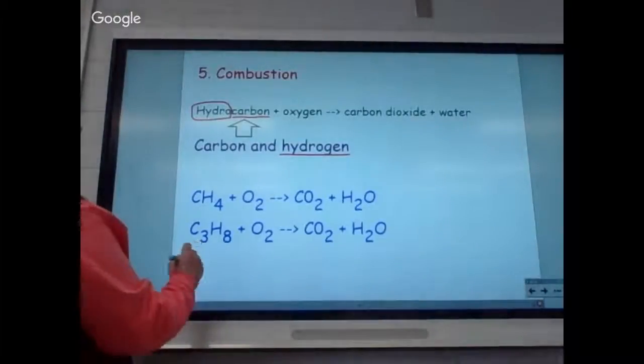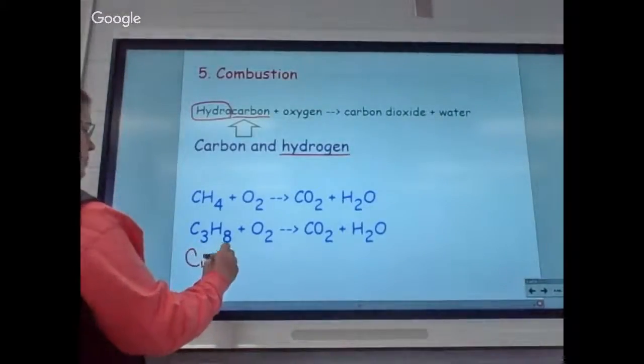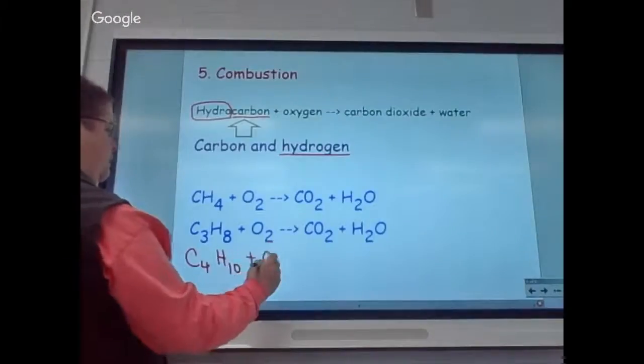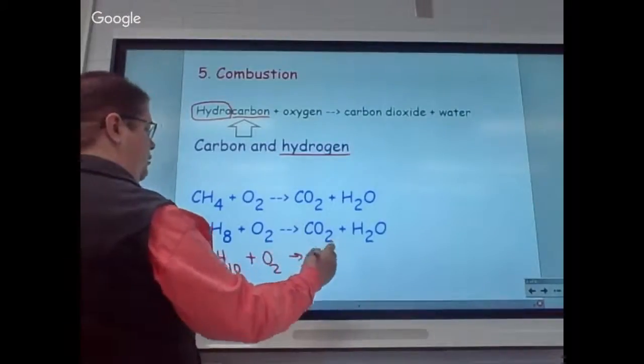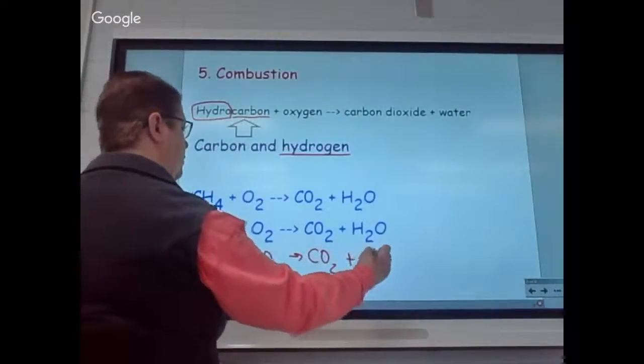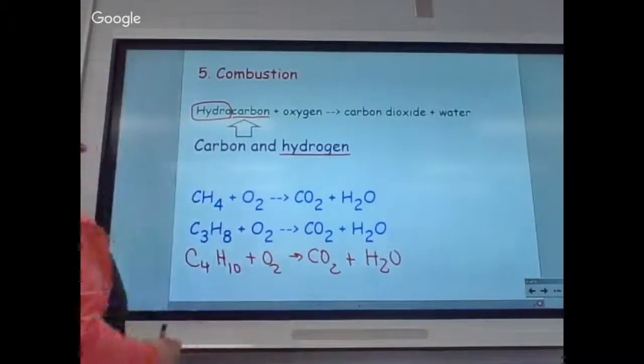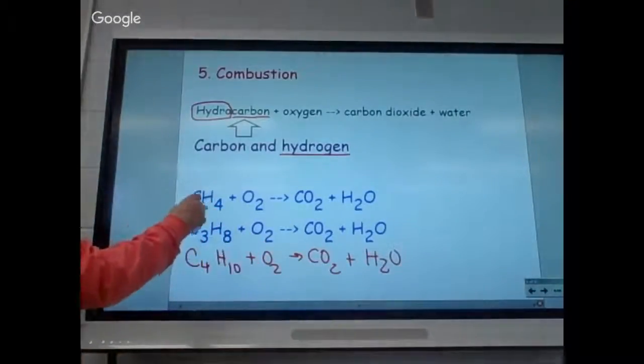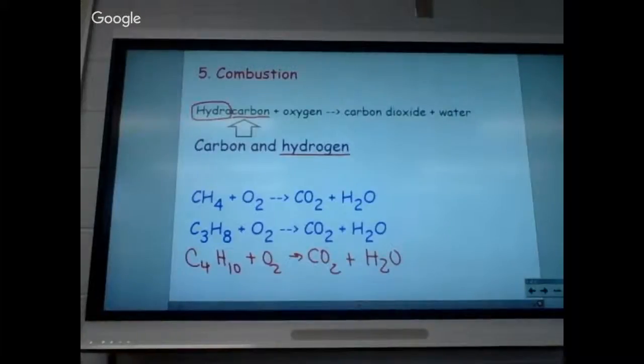If I wrote C4H10 plus oxygen goes to CO2 plus water, do you see a pattern? What's different in the hydrocarbon? The subscripts. The elements don't change. The only thing that makes the hydrocarbon different is the subscripts.